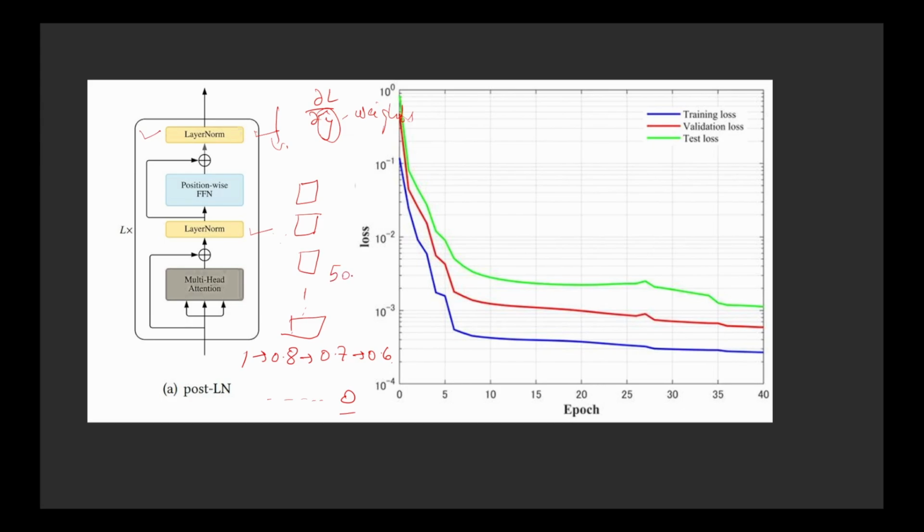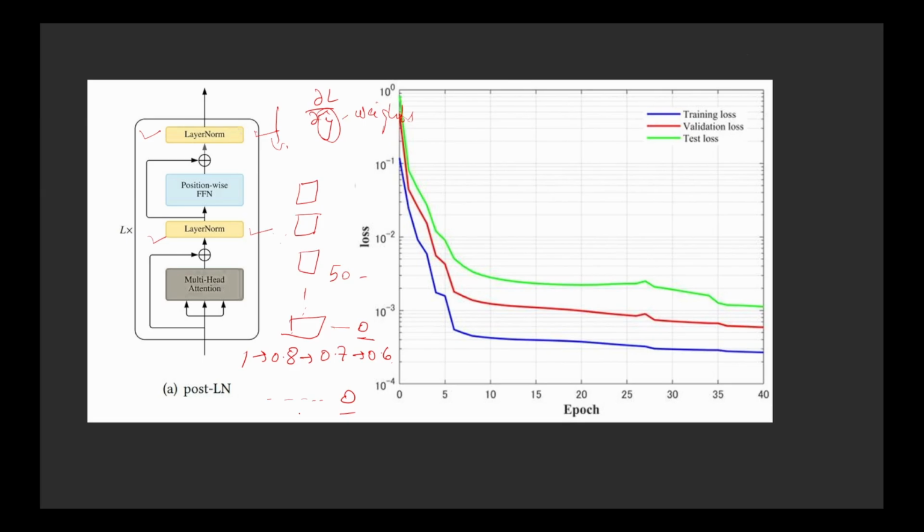So these are 50 transformer layers, and at the early layer the gradient value becomes 0 due to this layer normalization, and this creates a problem: there was no learning in the early layers.